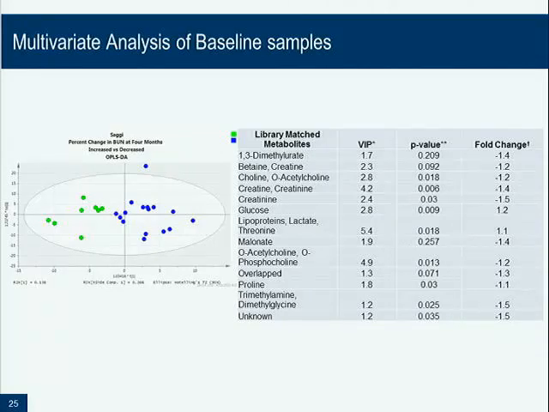Now, in the metabolomics world, you do not have to have a p-value less than 0.05 to be important, because we're looking at pathways and patterns of changes. So even if there's a p-value of 0.25, if it's important to creating this pattern of differentiation, it still makes it to our list.